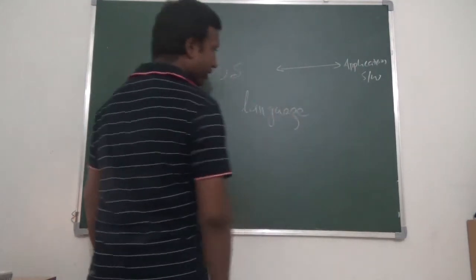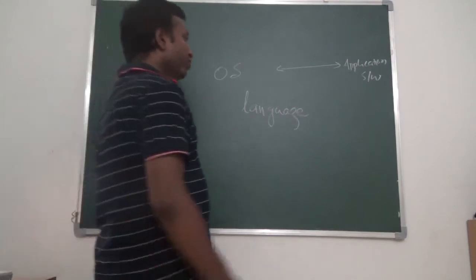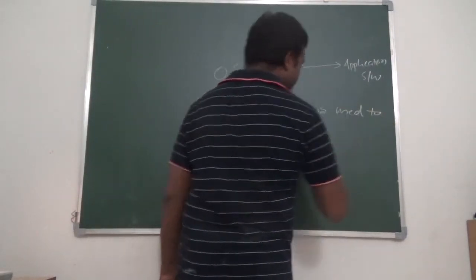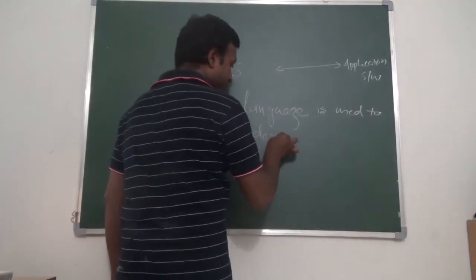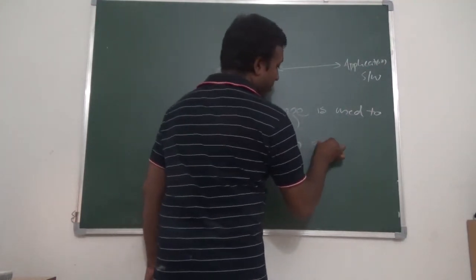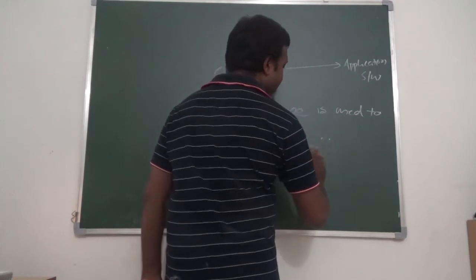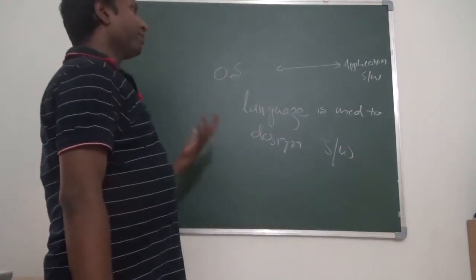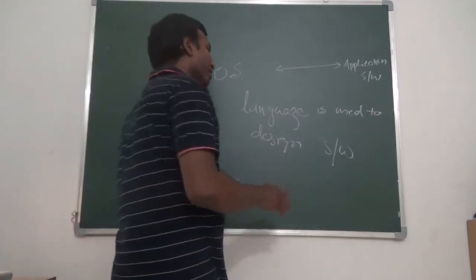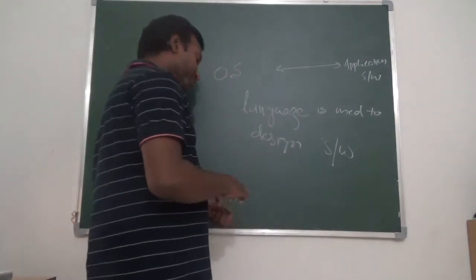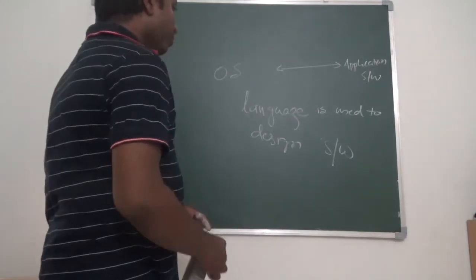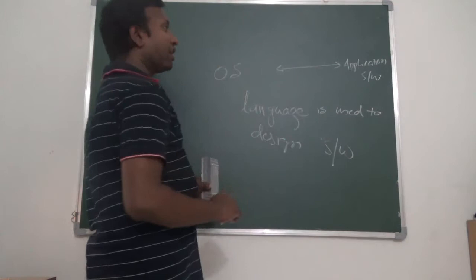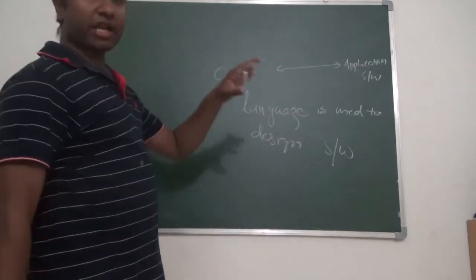So language is used to design application, or I can say it's the software, simply software. It may be the operating system, it may be the application software, but all the things are designed on some particular language. So the question is, which language I should use to design the application software, because that is our end goal.